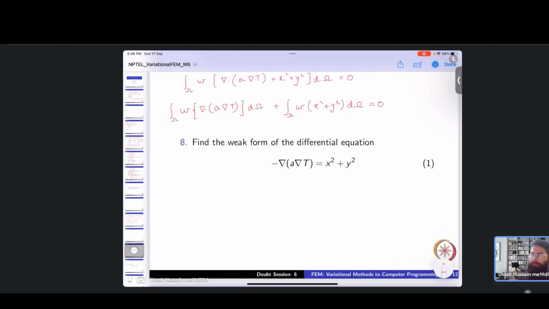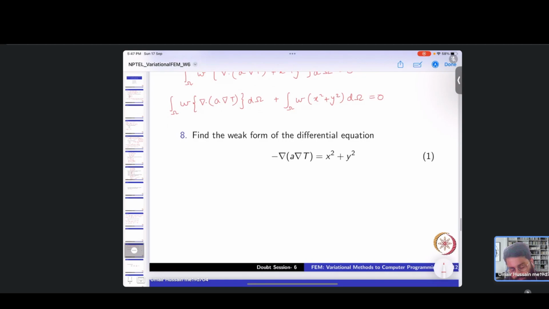If we apply the product rule and the Gauss divergence theorem, we can do it like that. But I prefer using the short method. Directly write it as: first we write the volume integral term with a minus sign, and we transfer this del operator onto the weight function.